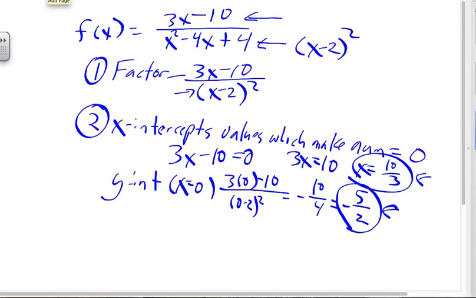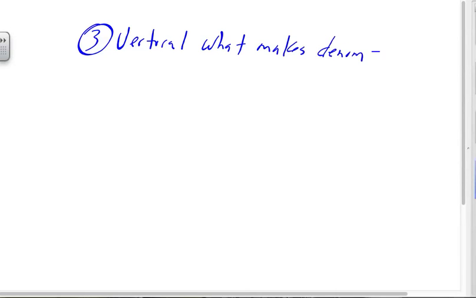All right. So we're done there. The next thing we need to do is find our vertical asymptotes. Vertical asymptotes are what makes the denominator equal to 0.